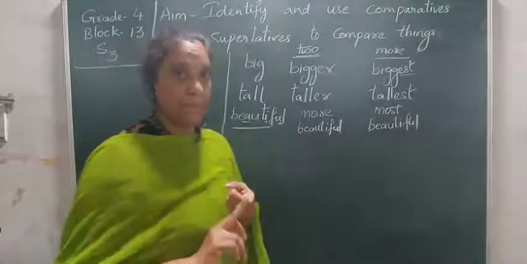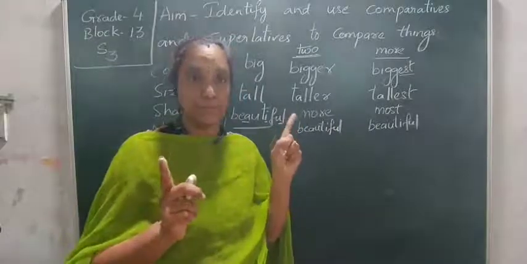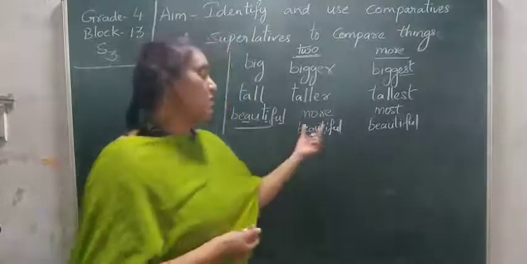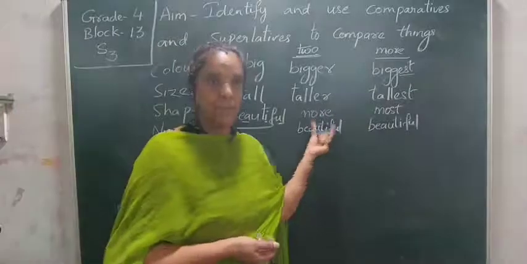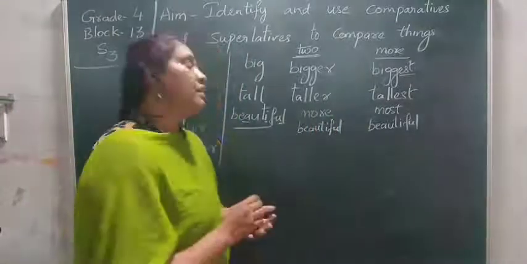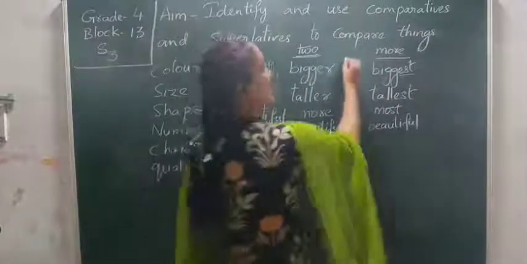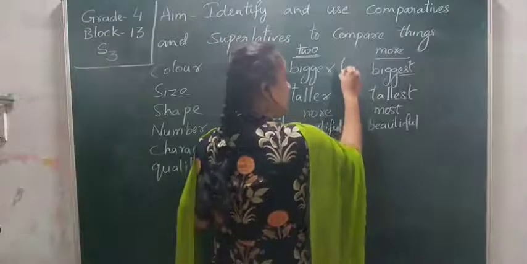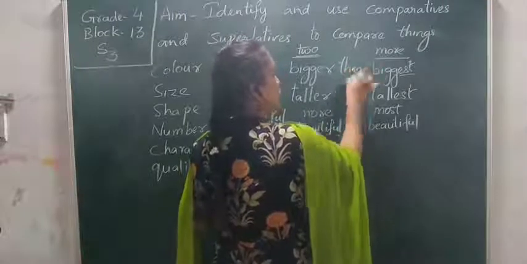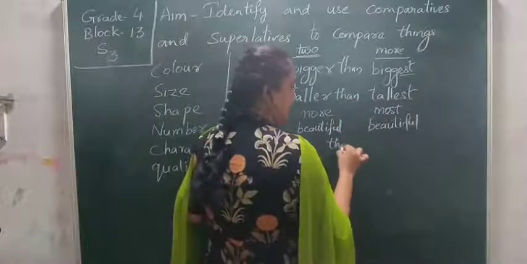But when we are comparing between two, if I compare rose and jasmine, I say rose is more beautiful than jasmine. While using these, the other word which follows is than. When comparison is there, than will be used: taller than, more beautiful than.